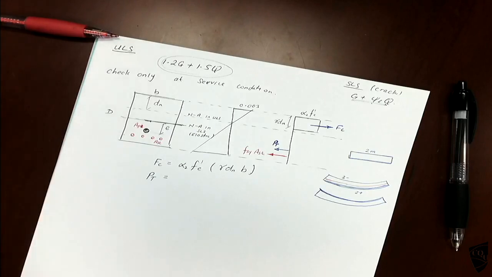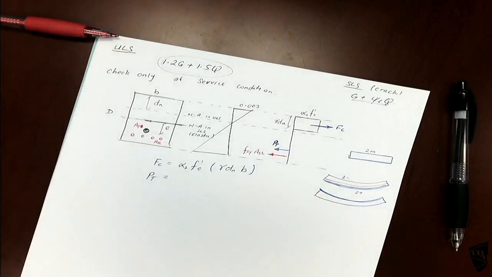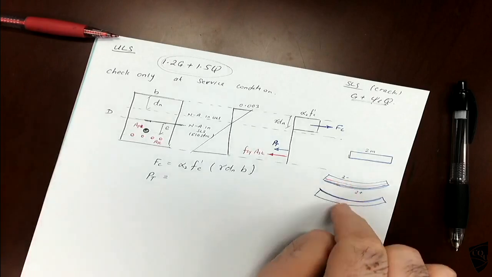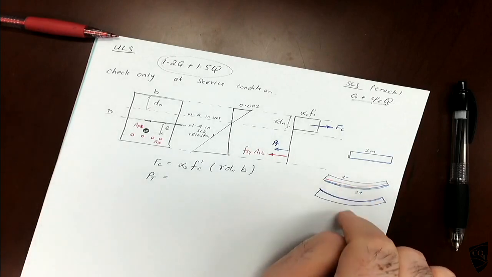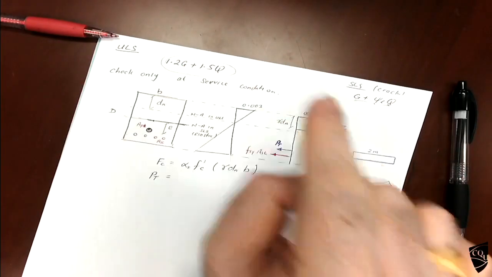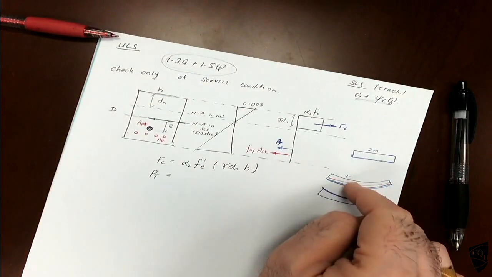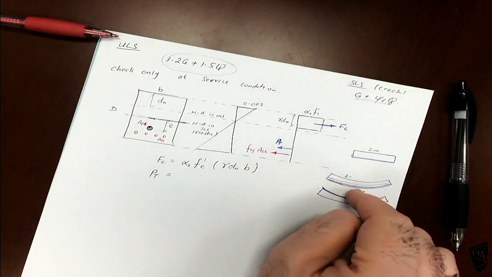So if we increase the load further and further, it will bend further and further, so the length will increase further and further. It's not a couple of meters, it's millimeters. When you increase the load from service load to ultimate load, the bending will increase and there will be more curvature.